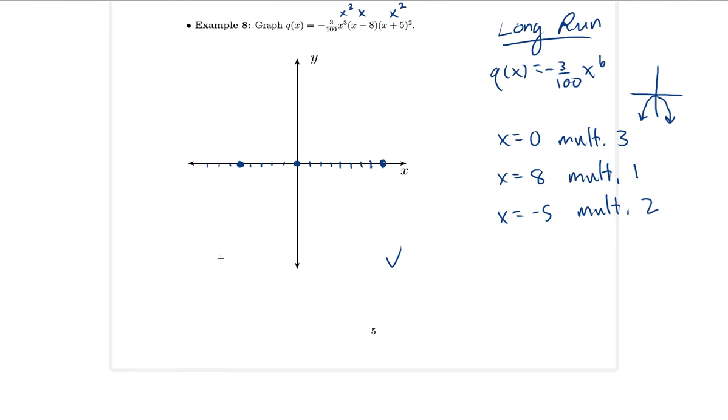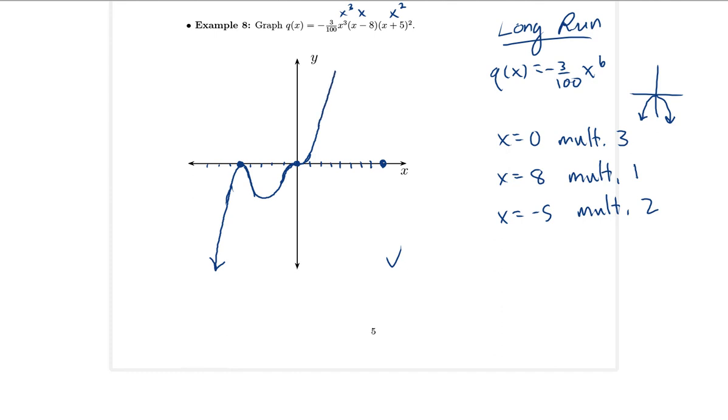So let's see here. We're going to start down here. X equals negative 5, multiplicity 2. So as I approach that, I know I've got to rebound off of it, just like that. And then I've got to come back up toward x equals 0, but I'm going to cut through it like a cubic would, right? So I'm going to do that.